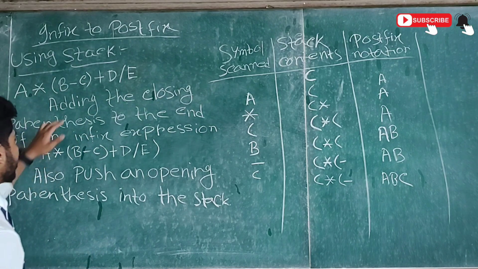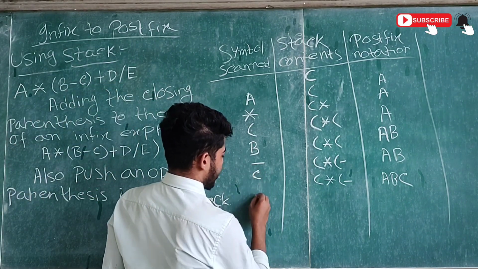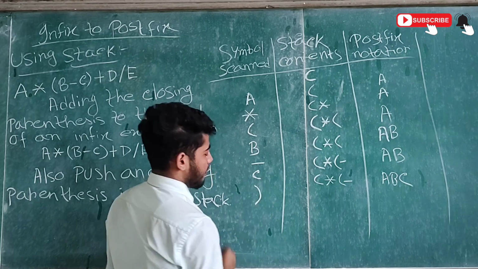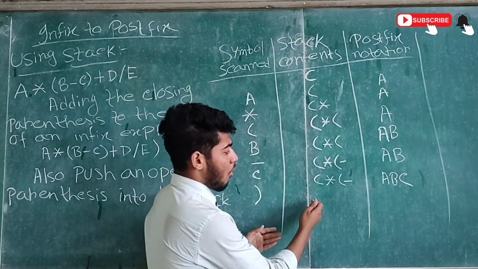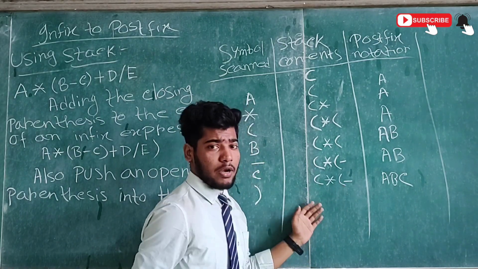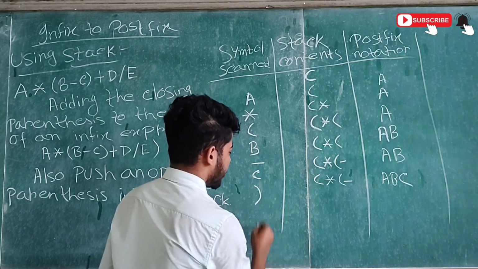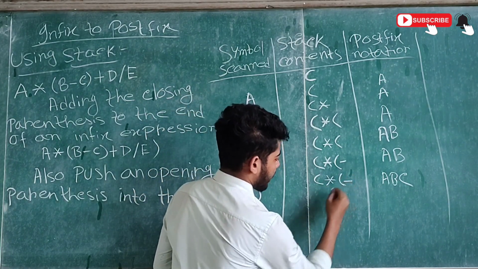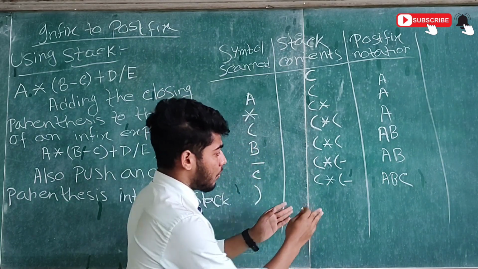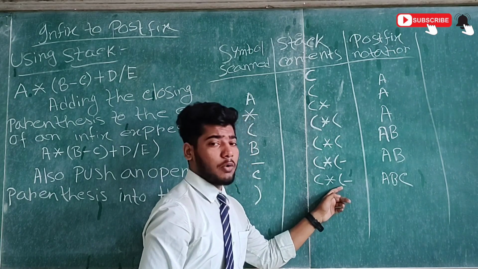Next is the right parenthesis. If the symbol is a right parenthesis, then repeatedly pop all the operators from the stack and add them to the postfix, until the left parenthesis is encountered.